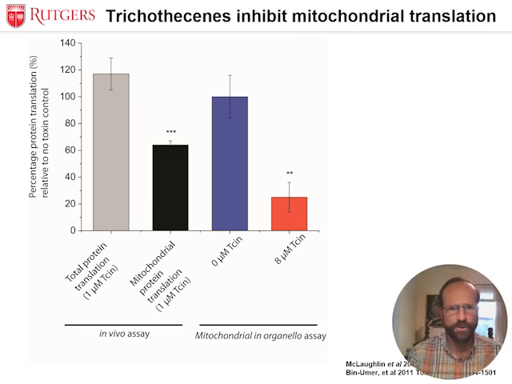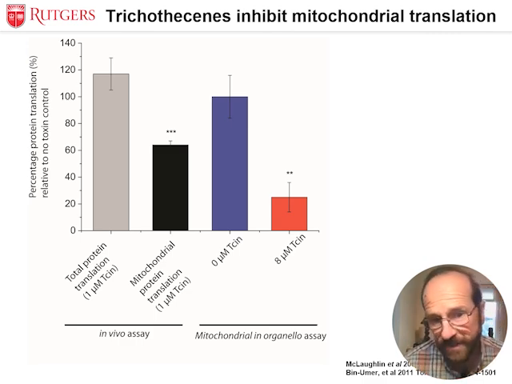If we look at the far left, this graph is percentage protein translation relative to the no-toxin control. On the far left, we did an in vivo assay where we fed the cells S35, and we were able to measure the mitochondrial protein production using S35.